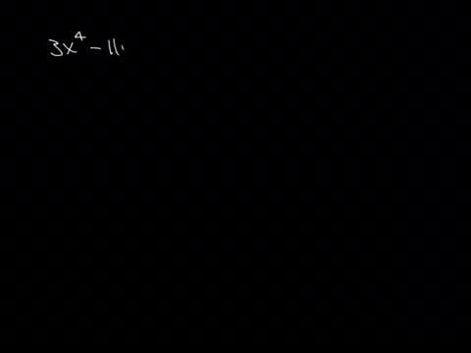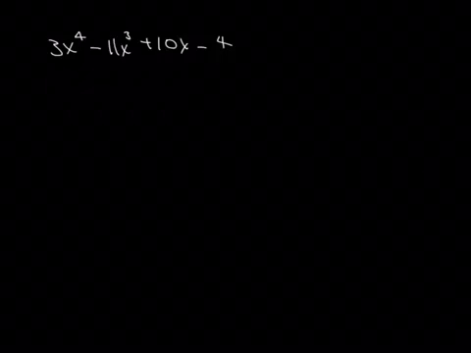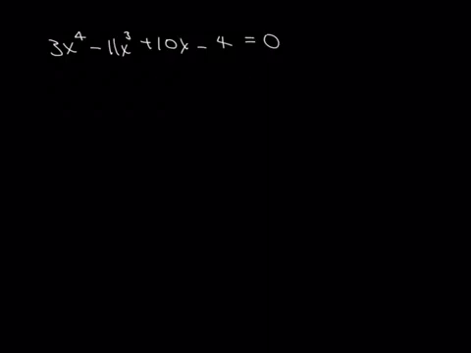When I've given you a polynomial function, holy cow, like 3x to the fourth minus 11x cubed plus 10x minus 4, and I say find the factors or find the zeros of this, even if I tell you to make it equal to 0, you're like, what the heck?